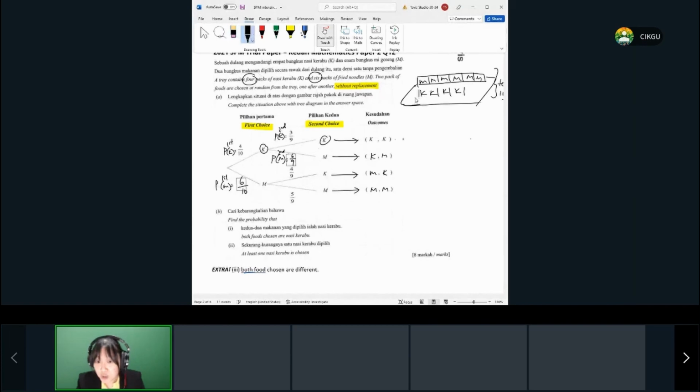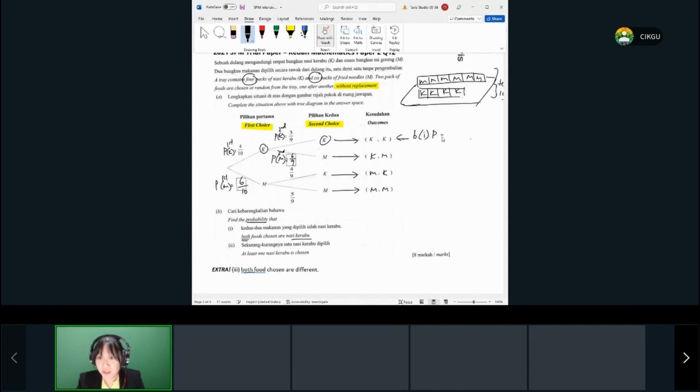Okay, so guys, if you read part B, what does part B say? Find the probability, as a fraction, that both food chosen are nasi kerabu. Didn't we just say that is the first case? This is the first case, so I want the probability of this.